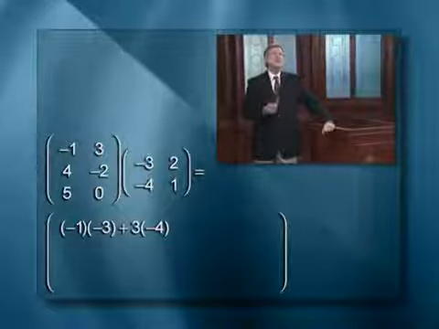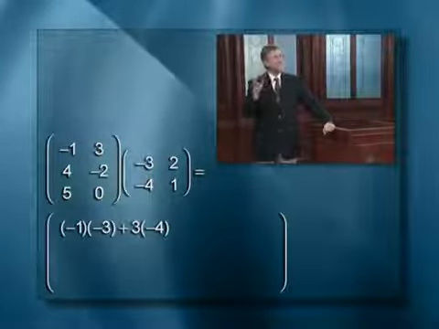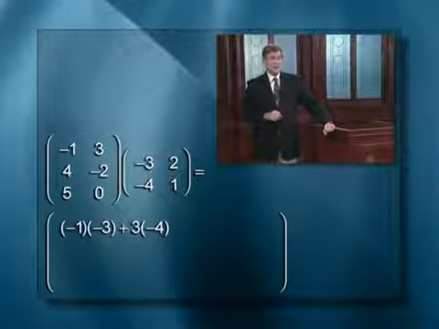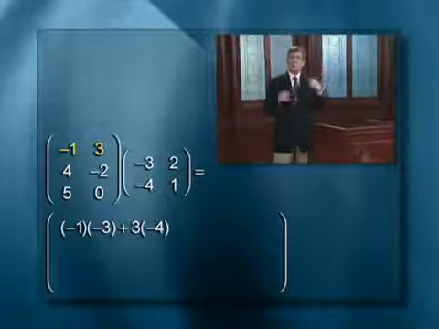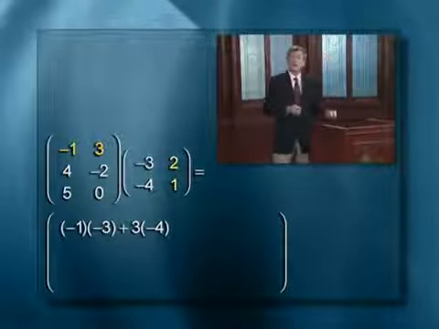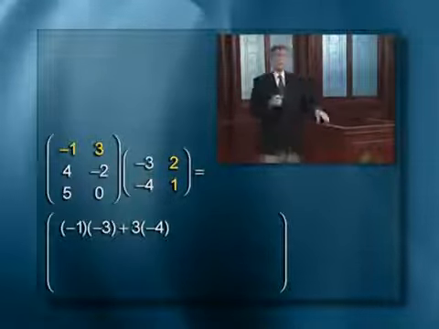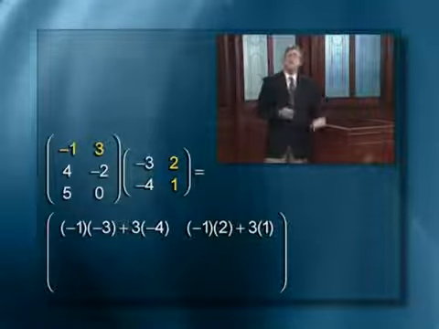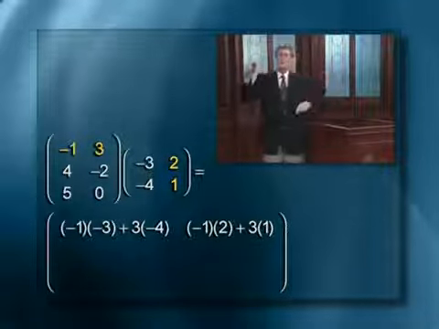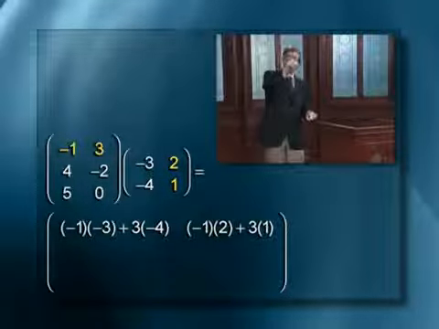Let's see what the entry in the first row, second column is of the answer. Okay, that'll be the first row of the left-hand matrix times the second column of the right-hand matrix. Here we go. Minus 1 times 2 plus 3 times 1. You see how we multiplied that? Bing, bing, and then bing, bing like this.